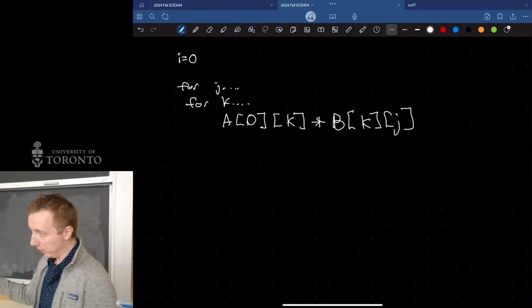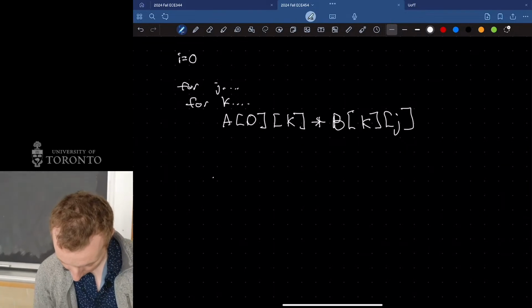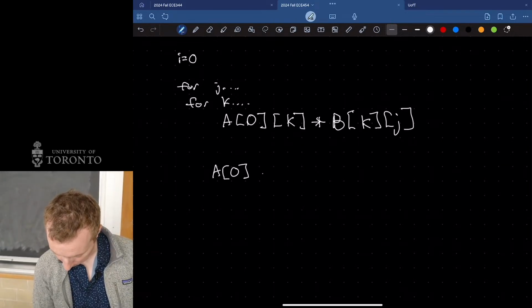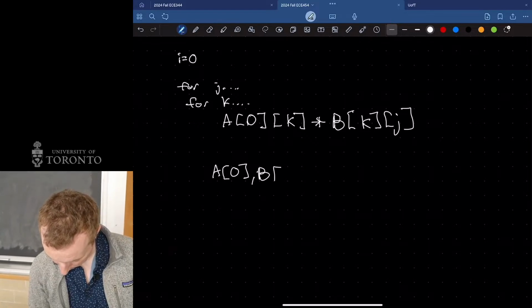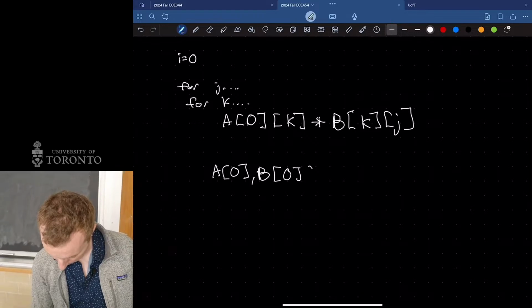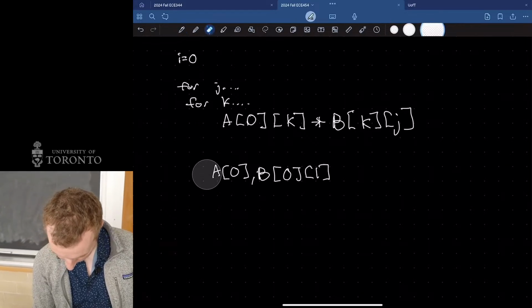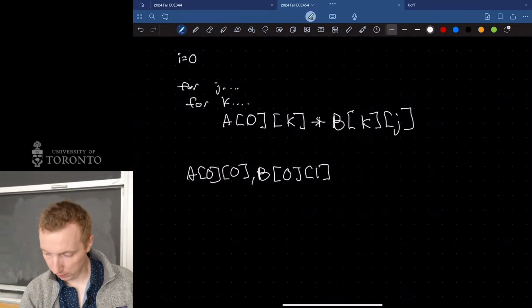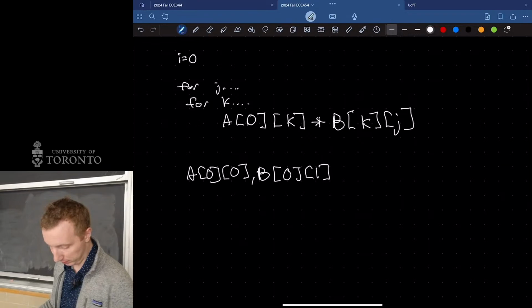All right, so if I do something like this, the first time through, I will access A0 and then B0, 1. So first time through, that's what I'll be accessing.